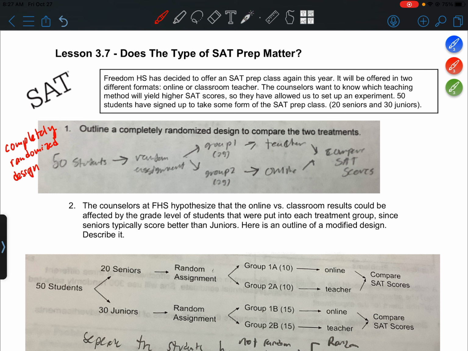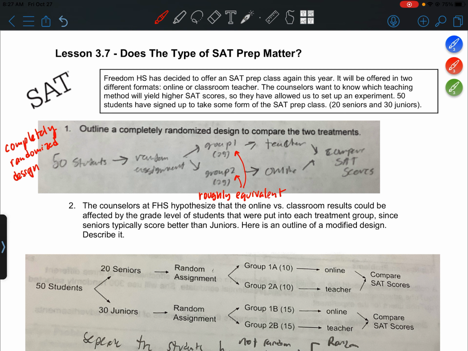One part I want to highlight here is the groups. After the random assignment phase, when we've created these 2 groups, at this point in the experiment, the groups are roughly equivalent. Meaning that there's nothing systematically different about the groups.